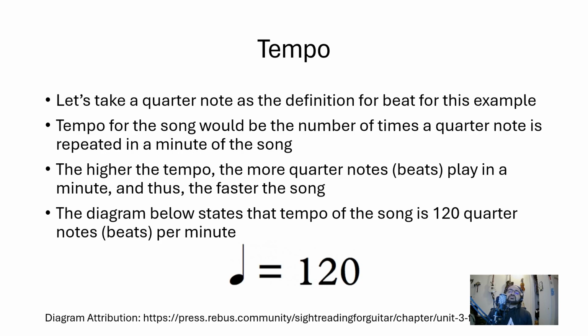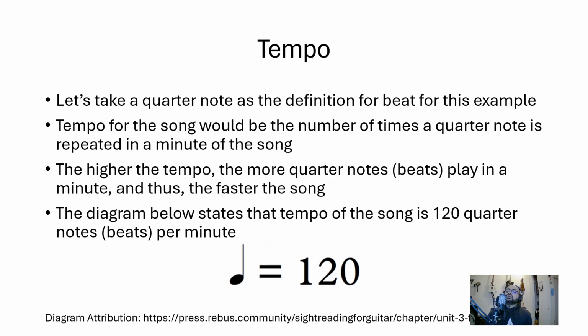Tempo, as we mentioned before, is the number of beats played per minute. So if you take quarter note as the definition of beat for this example, then the number of quarter notes played per minute is the tempo of that song. So naturally, if the song has a higher tempo, then you're going to have more quarter notes being played in a minute, which would mean they have to be played really fast, making the song faster.